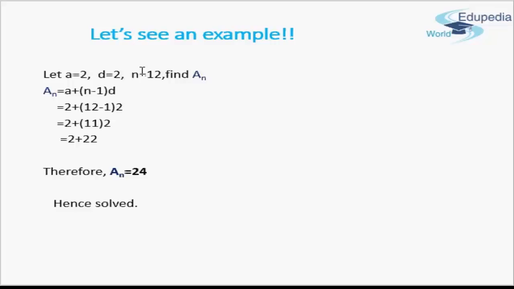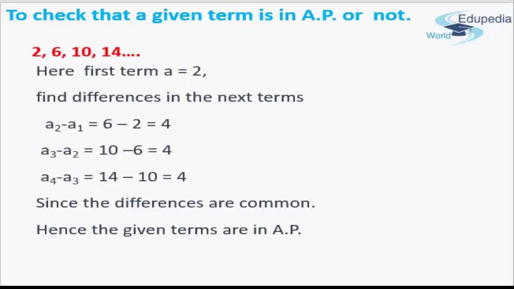They're going to tell you that a sequence of terms that grows arithmetically has a first term 2, and the difference between two terms is 2, and find out the 12th term in the sequence. So you don't have to worry about anything. Just remember this formula: a plus n minus 1 into d. This is how an arithmetic progression grows. All you have to do is plug in the values: 2 over here, 12 over here, and d over here, and then you have the answer to your question.